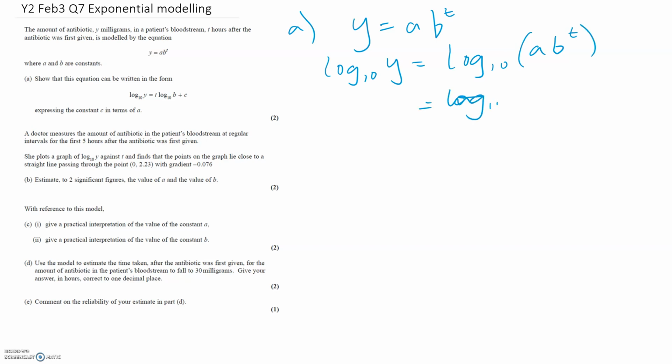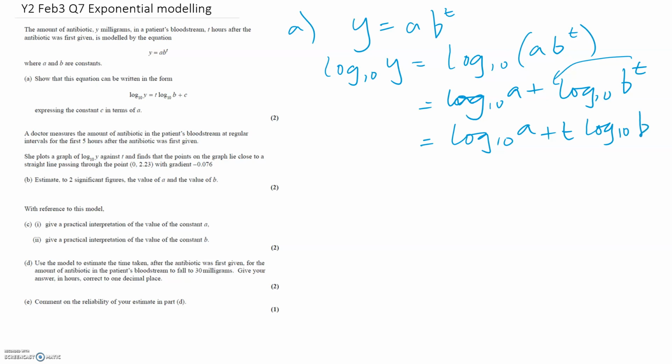Using the rule of logarithms, we can split this up into this, and then you can bring the t down to the front here, which gives log a to the base 10 plus t log b to the base 10.